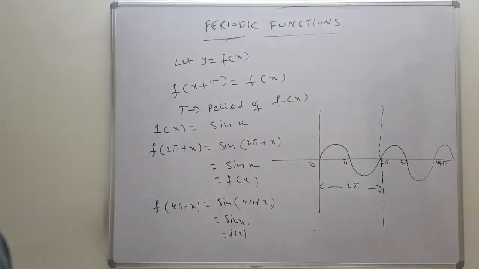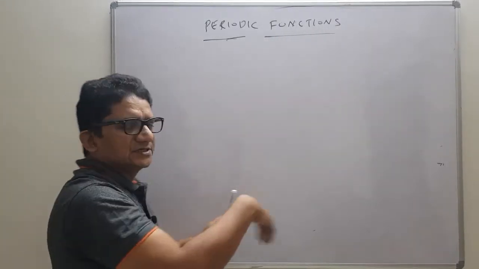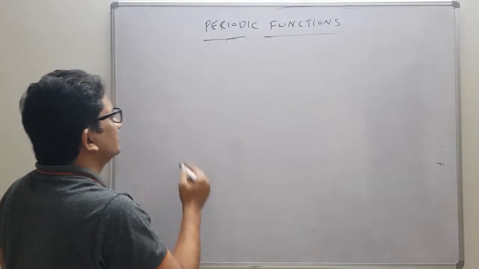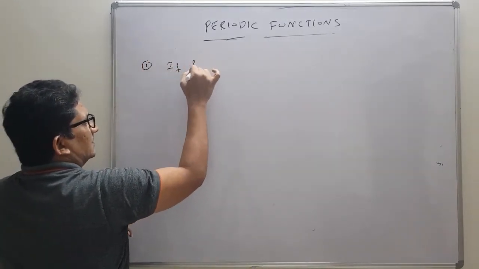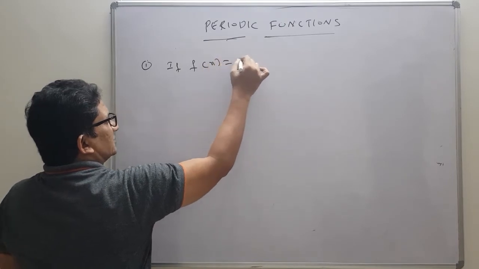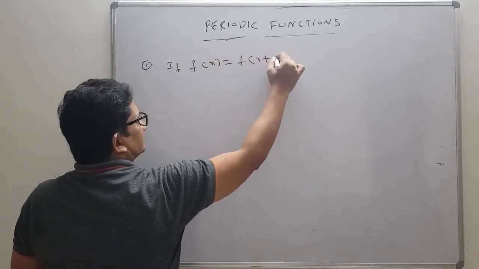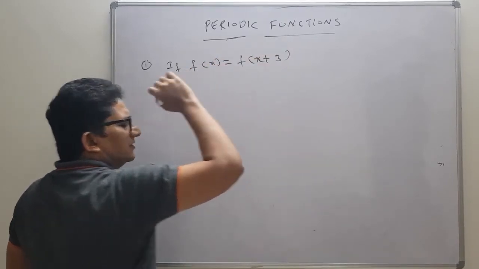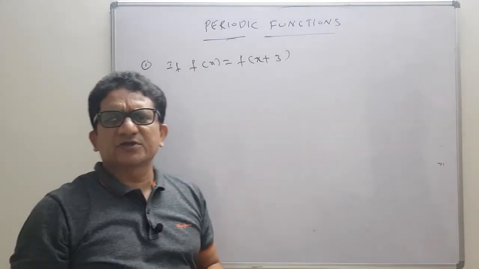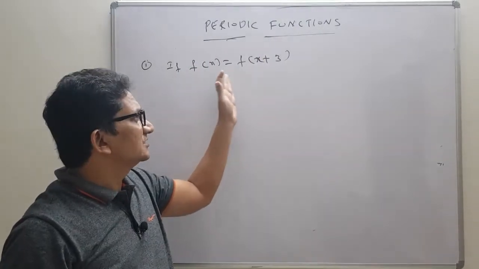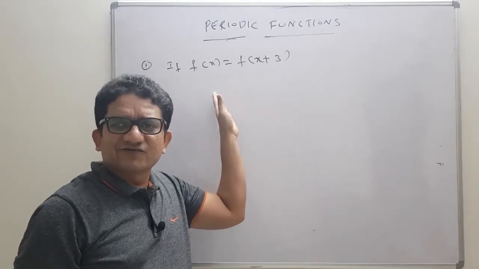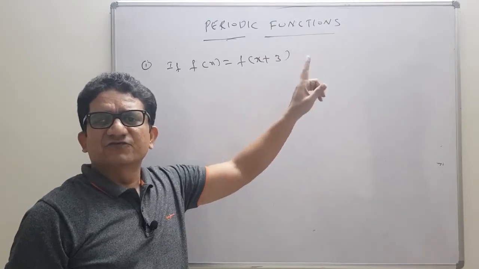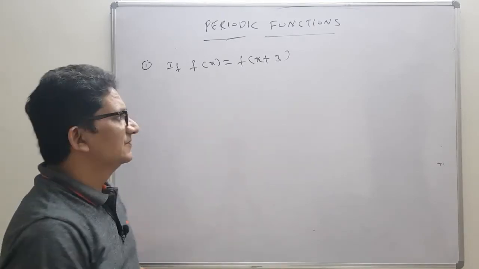Students, from this definition there is a point to be noted: if f of x is equal to f of x plus 3, while solving any kind of problems in any topic, if you find such a notation, then one thing is sure shot, the function is a periodic function with the fundamental period 3.